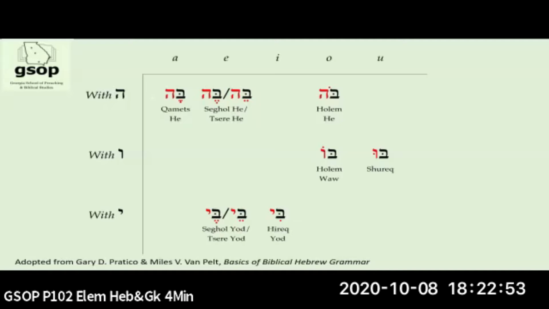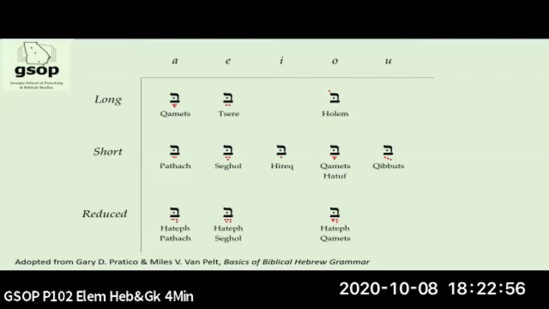Okay. So the pointing vowels are changeable. It's a pretty structured approach in terms of how they organize the vowels underneath. They almost always try to emphasize the accent at the end of the word. And if the word stretches out either by a prefix or a suffix, then those vowels are going to change. Because as you put more accent at the end, you're going to decrease the accent at the beginning.